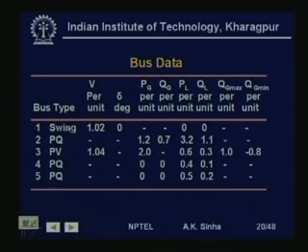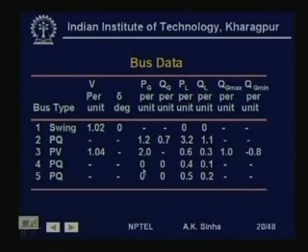And so, for the PV buses and the swing bus, the voltages are maintained. So, we are given the specified voltage magnitude values. The delta angle for the swing bus is 0, the other buses are unknown.